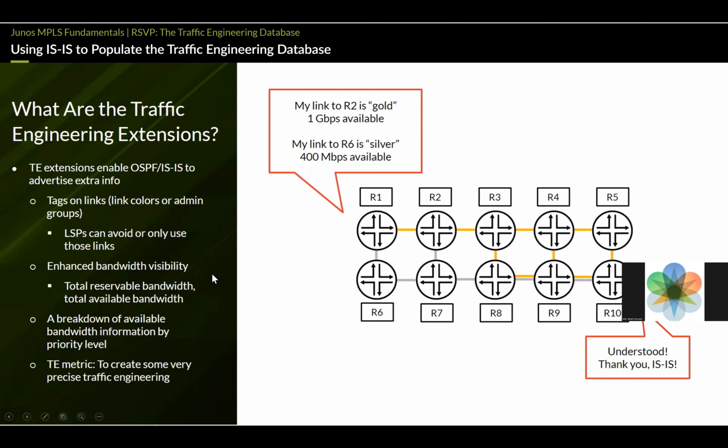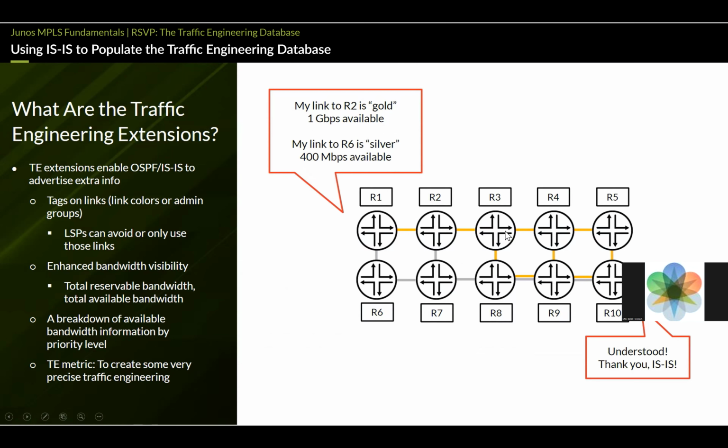So let's start now. See here, the topology is this. In my topology, my link to R2 is gold. That means router 1 and router 2 have a 1 Gbps link. My link to R6 is silver, 400 Mbps available.